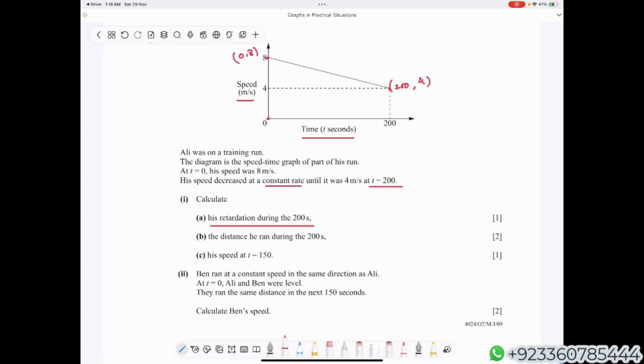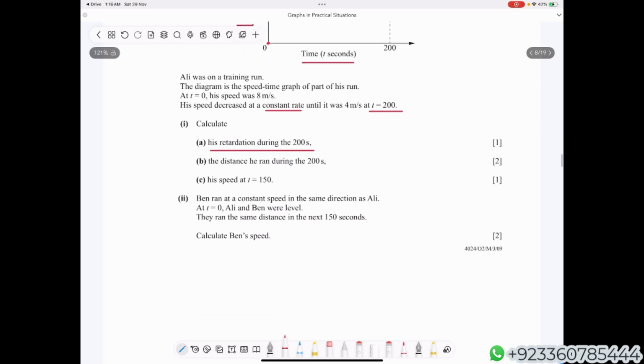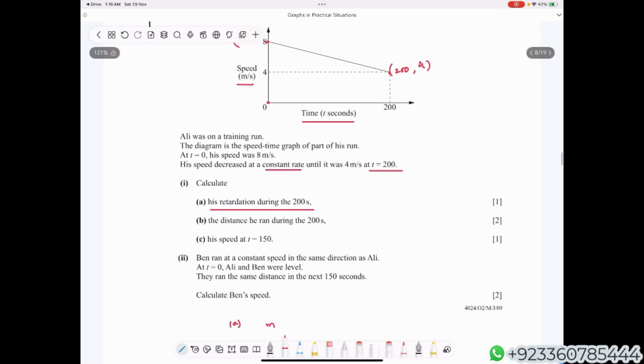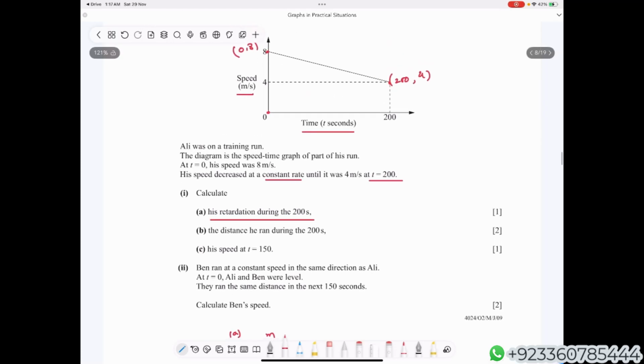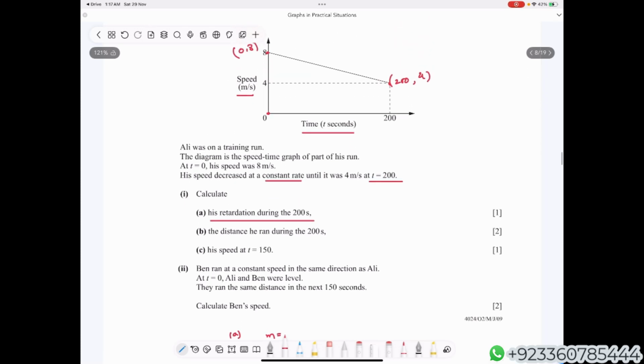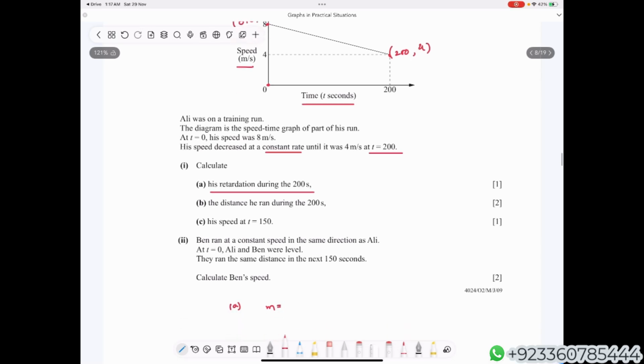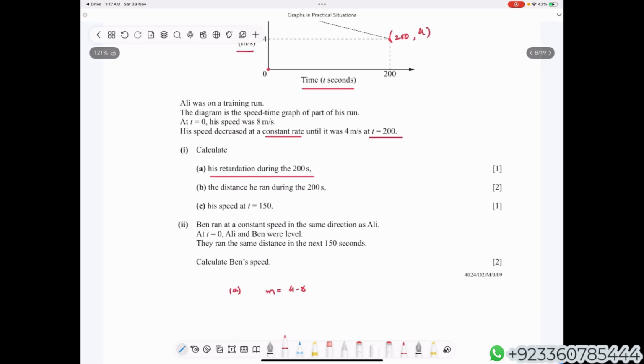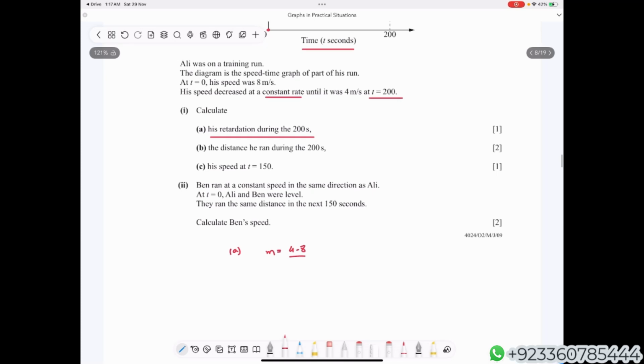If you remember, the gradient of a speed time graph gives you acceleration. So for part A, I'm going to find the gradient. The 2 points are 0 and 8 and 200 and 4. So gradient is y2 minus y1 over x2 minus x1. So this is going to be 4 minus 8 divided by 200 minus 0.